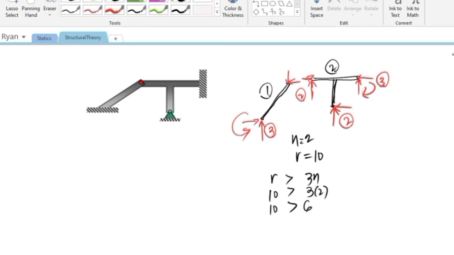This is greater than. 10 is greater than 6 by 4. So, this is statically indeterminate to the 4th degree.